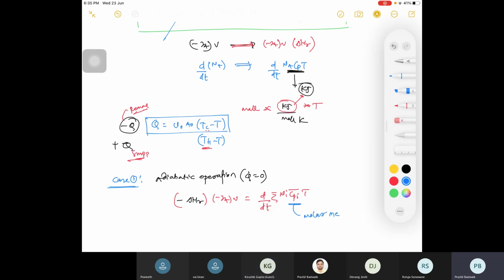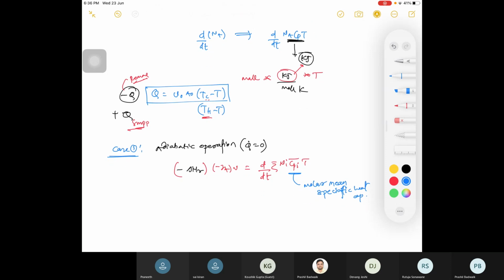Molar means specific heat per mole, specific heat capacity. Okay. What will be the next step? You need it in terms of conversion. Can you guys replace this minus RA into V, that is your dNA by dt, with minus because moles are consuming, and it is equal to Na naught XA, dXA divided by dt. Please replace.